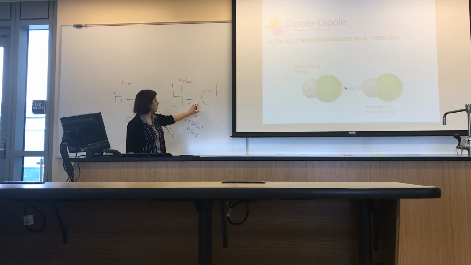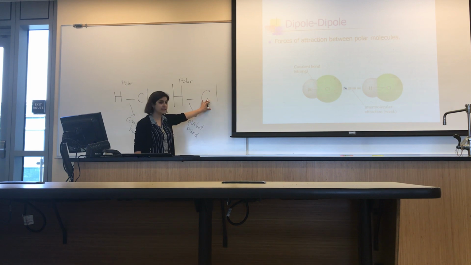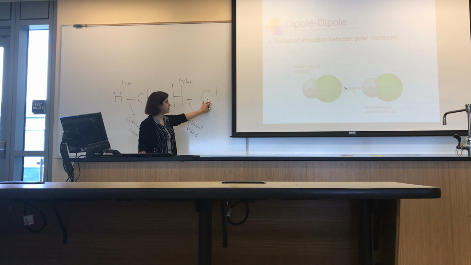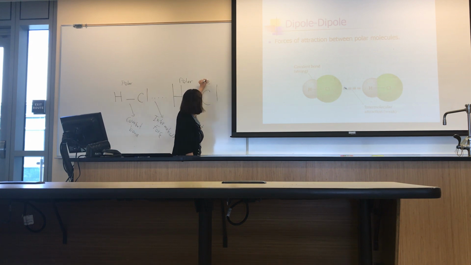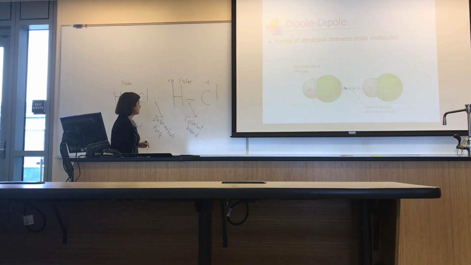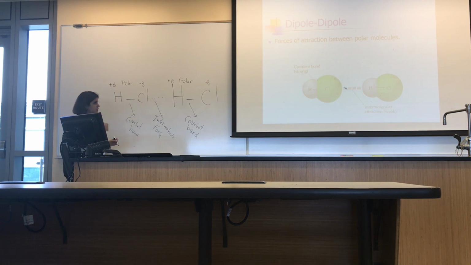In a polar molecule, one element is always more electronegative compared to the other element in the compound. So chlorine here is more electronegative. We know that from left to right, electronegativity increases. So chlorine is more electronegative and gets the partial negative, and hydrogen is partial positive. The same here. Chlorine is partial negative and hydrogen is partial positive.